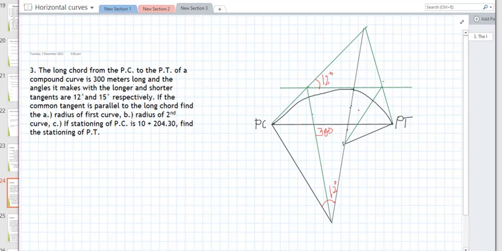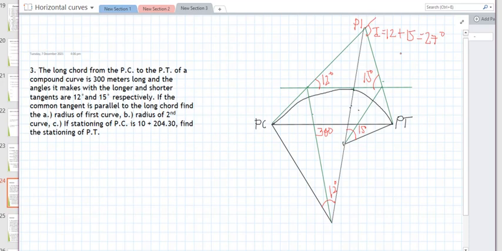So this is 15. So this is 15. Okay, so we have here the PI or the B. So we have here the I, that is 12 plus 15, 27 degrees.